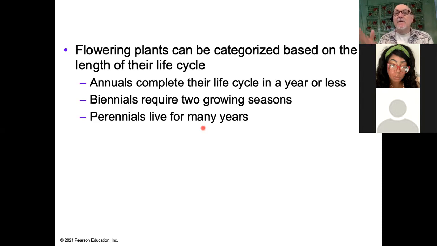So things like onions are biennials. But there are many plants which are extremely long-lived, which live from year to year to year. All the trees, for example, all those kinds of plants. Many, many plants are long-lived, and we call those the perennials.